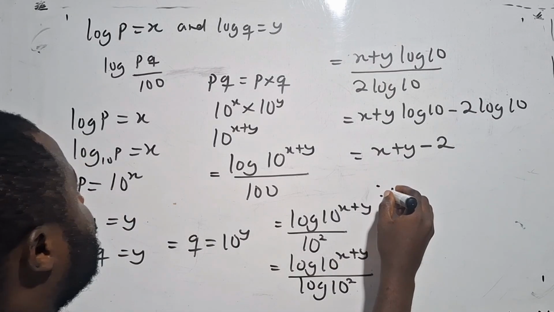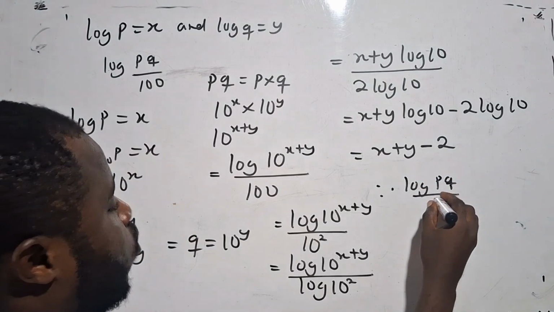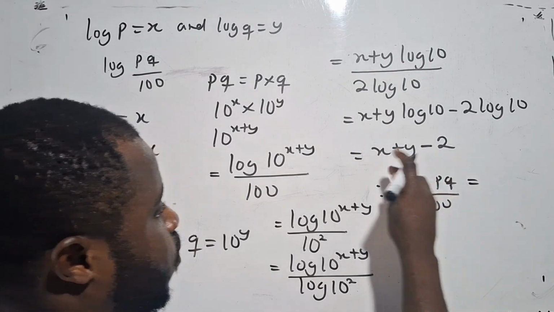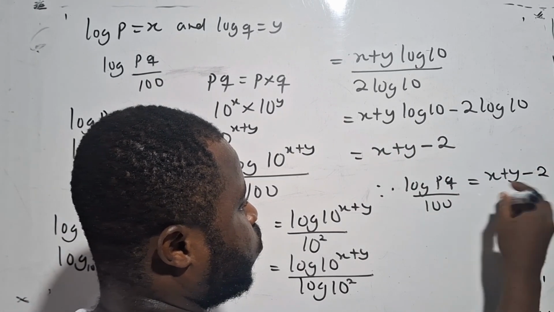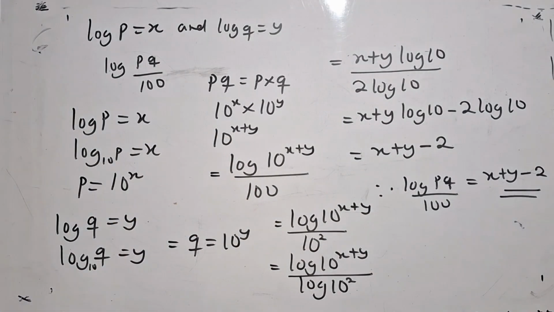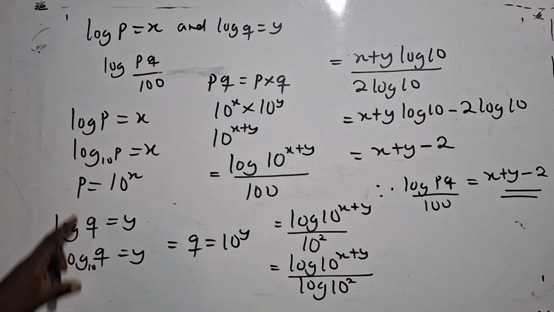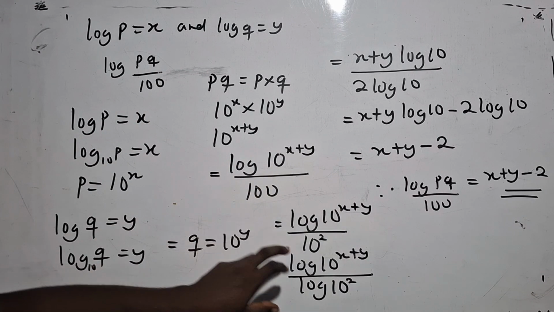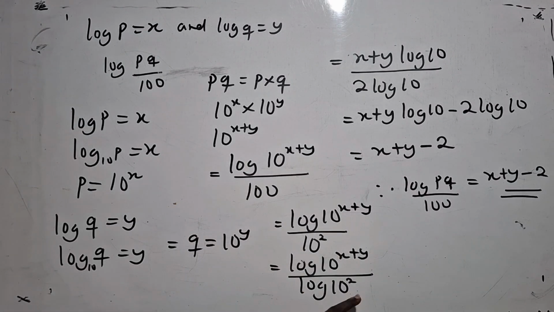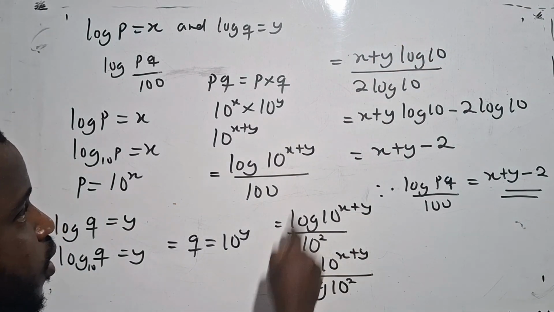So therefore, log PQ all over 100, expressed in terms of x and y, will be equal to x plus y minus 2. You follow closely how I express this and arrive here, how I express the Q2 and arrive here, then I put them together, then over 100, then I express this one as a power of 10, then I wrote the logs, x plus y coming here and the 2 coming here.